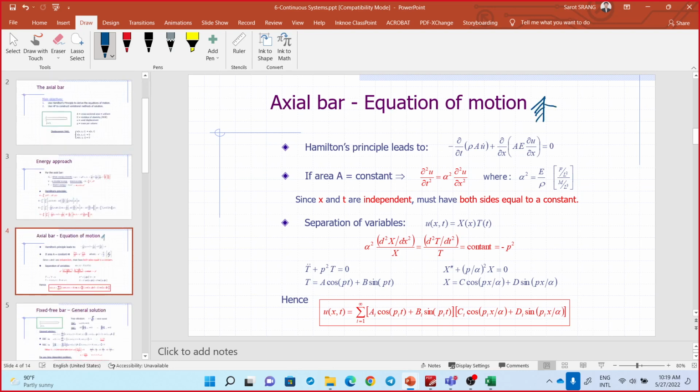So this equation is for a bar like this, and it is used to find the displacement u at a particular coordinate x and at a particular time t. So the x-axis is in this direction, just one dimension.